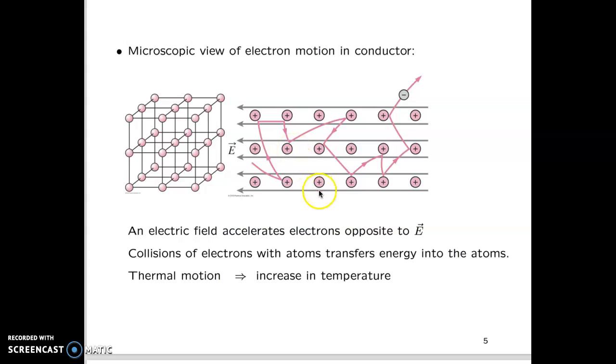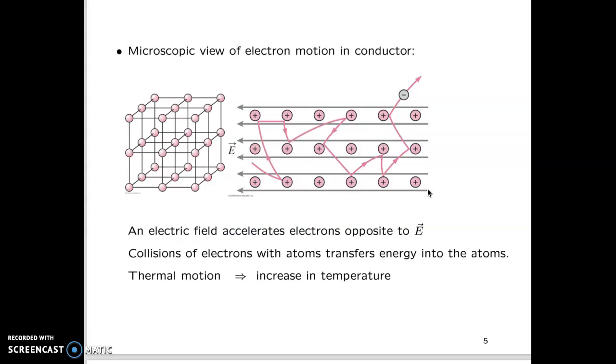But the negative charges will feel a force due to that electric field, and they will be pulled not in the direction of the electric field. Remember, electrons are negatively charged. They will be pulled opposite to the electric field. Remember, the force is Q times the electric field, and Q is negative for electrons.